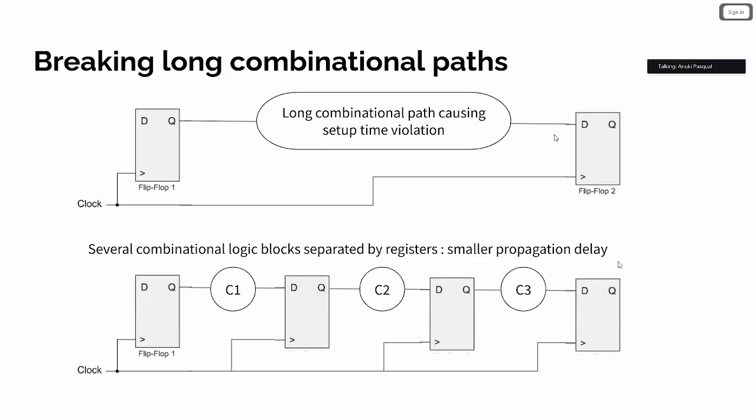So instead of doing this all in one combinational circuit, we are breaking the same thing up. Here I have broken it into three circuits, so that if we connect C1, C2, C3 without these registers, it will again give you this long path. But instead of doing that, we have connected them with flip-flops or registers between them.